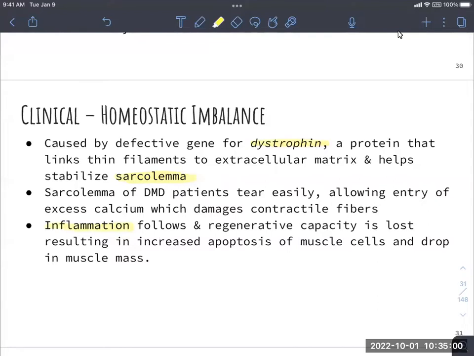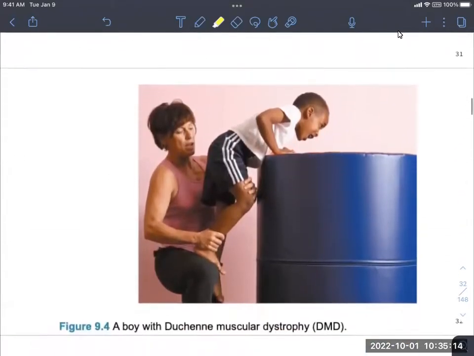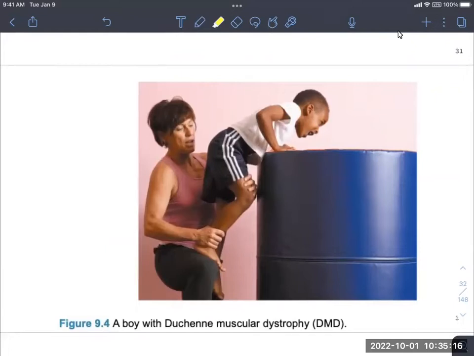So cells end up dying through apoptosis, and their muscle mass declines drastically. So here's a little boy with Duchenne's muscular dystrophy. He's in physical therapy, just trying to strengthen his muscles to help him get through his daily life.